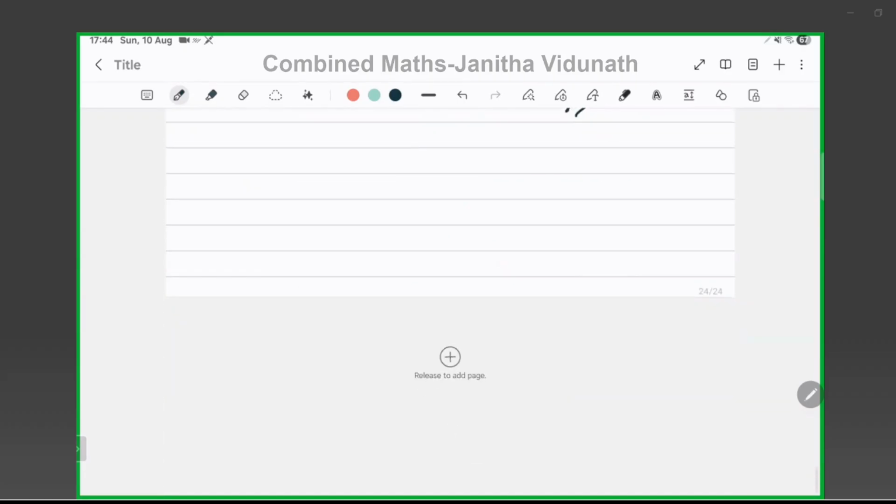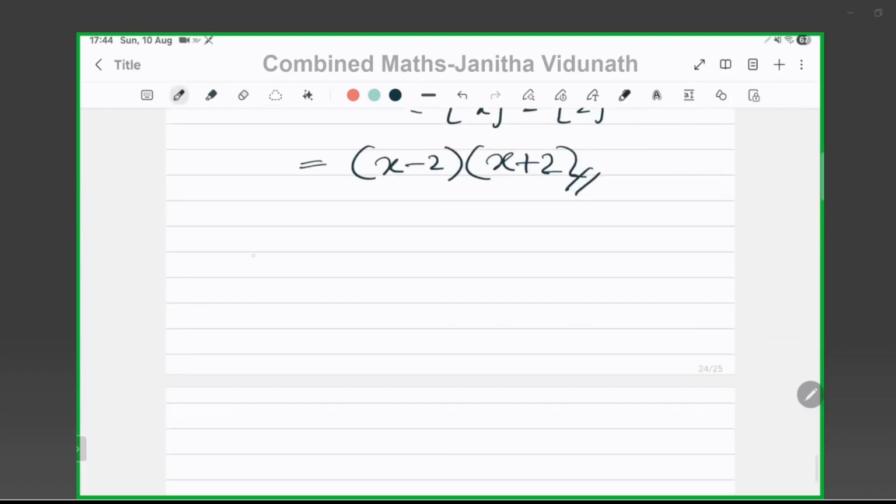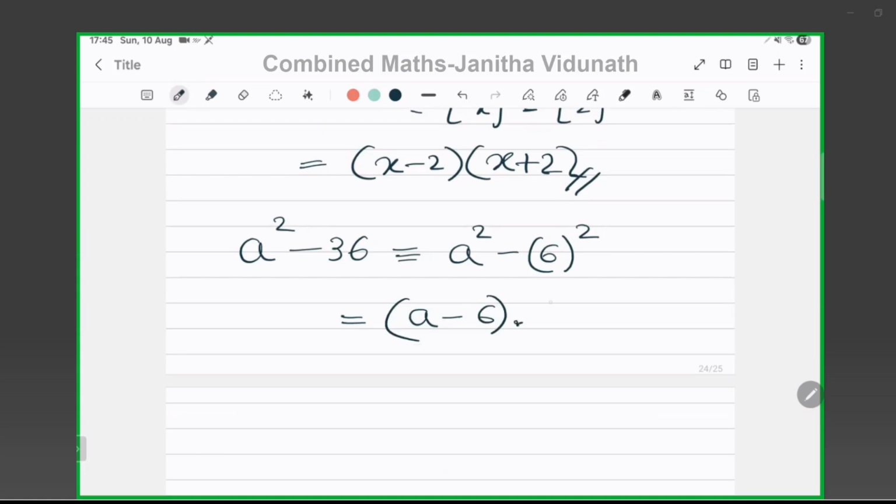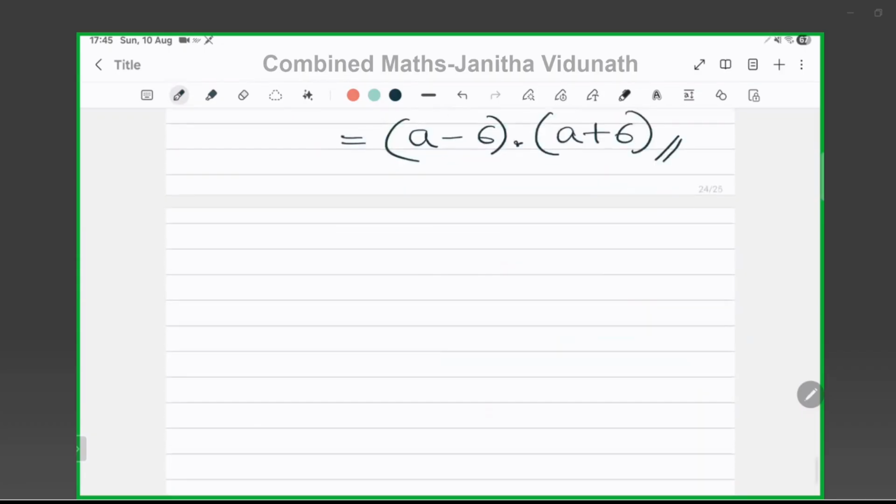Let me do another example. If we have a squared minus 36, we have to check whether we can write this as a squared minus the square of a number. Simply 36 is 6 to the power 2. Then we can simply write this as a minus 6 times a plus 6. Okay, let me do another example.